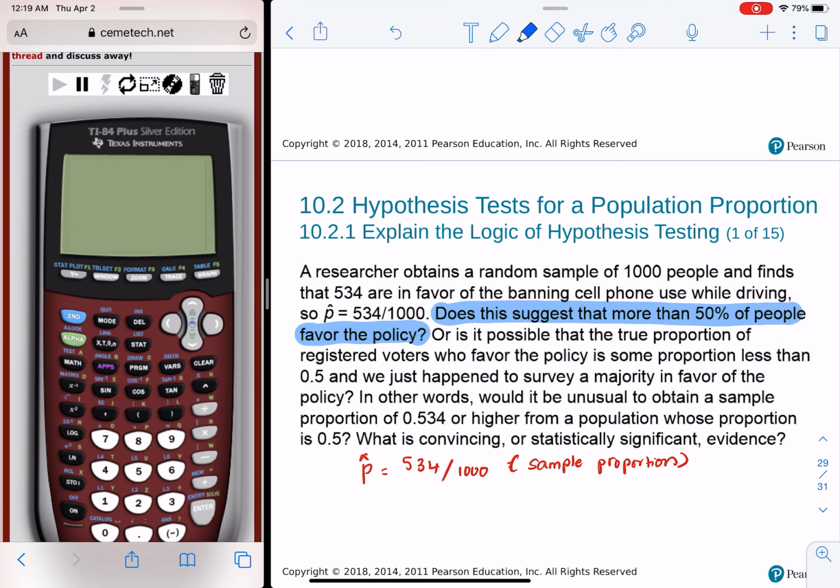In other words, would it be unusual to obtain a sample proportion of 0.534 or higher from a population whose proportion is 0.5? We want to know what is convincing or statistically significant.